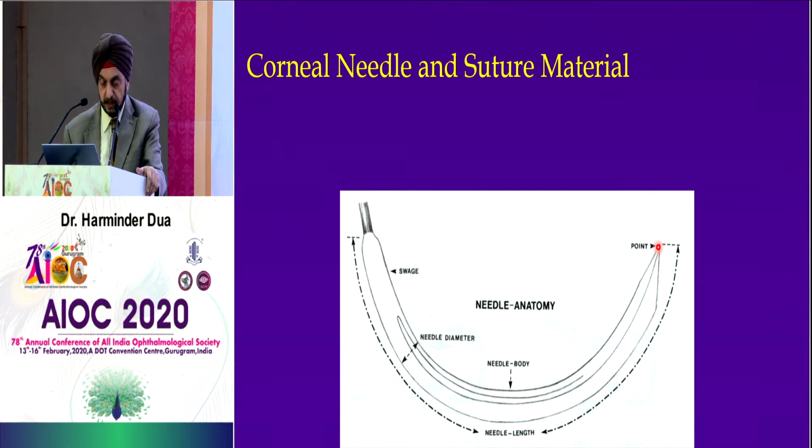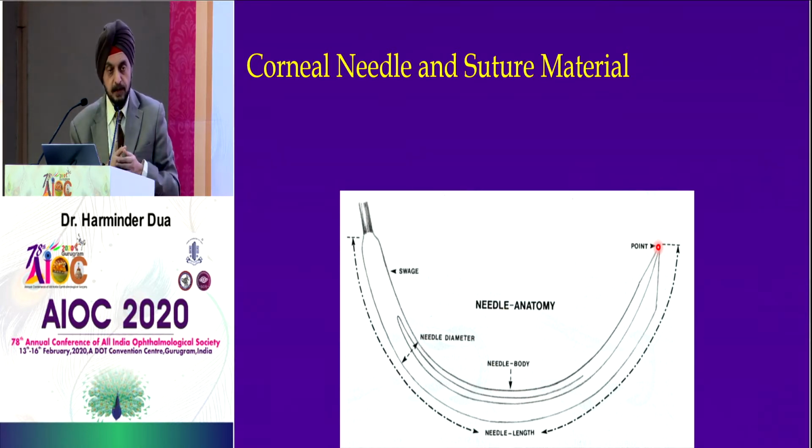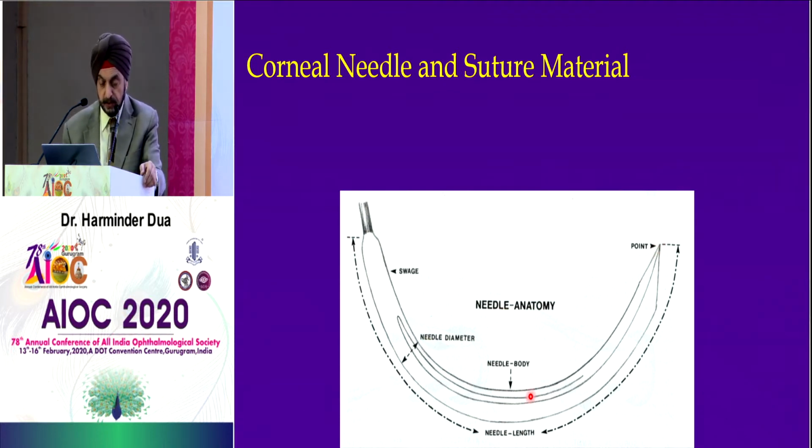And this can be side cutting, it can be reverse cutting, or it could be round, and you can have various designs, but what we prefer for cornea is the flat or the spatulated side cutting with a sharp point. You don't want a reverse cutting needle.